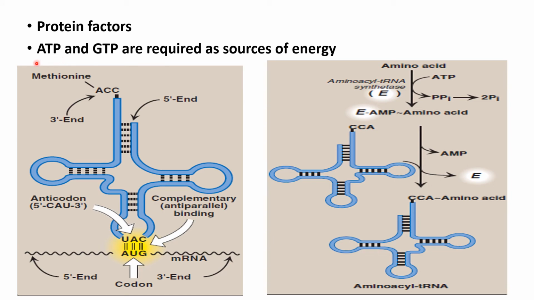Two ATPs are required during the attachment of the amino acid at the 3' end of tRNA. Here is the 3' end of the tRNA. This is a two-step reaction. This tRNA binds the amino acid. For example, the codon for methionine is AUG.